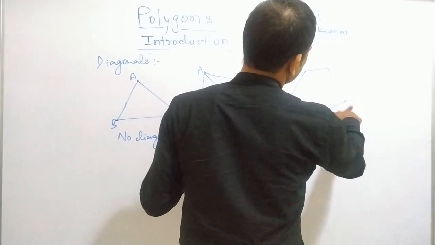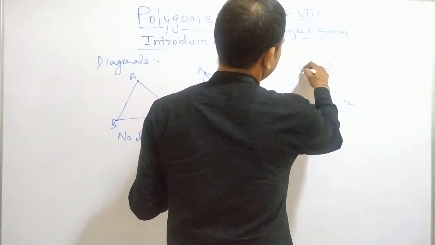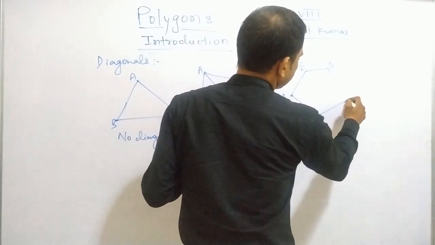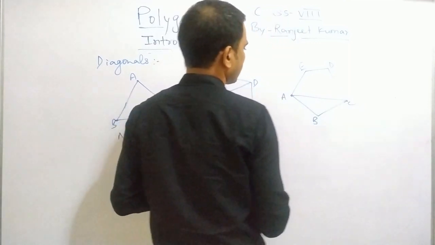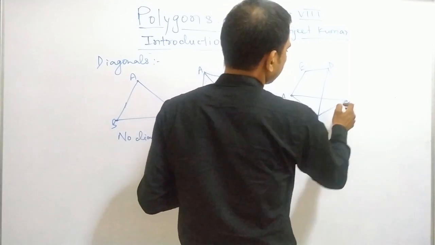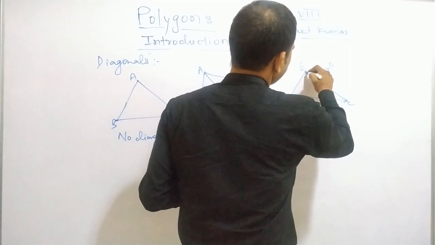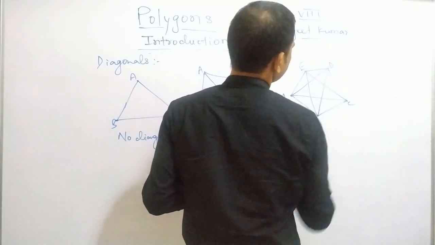Now I make a pentagon also, A, B, C, D, E. In this way, A and C, these two are non-consecutive. We'll join it and we'll get a diagonal. B and D also non-consecutive. C and E another non-consecutive. E and B another, and A and D another.